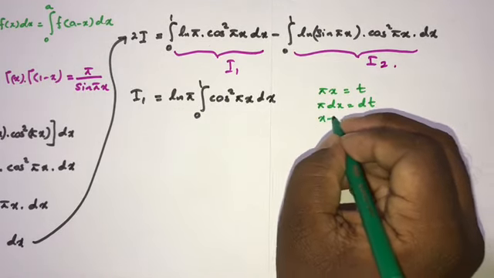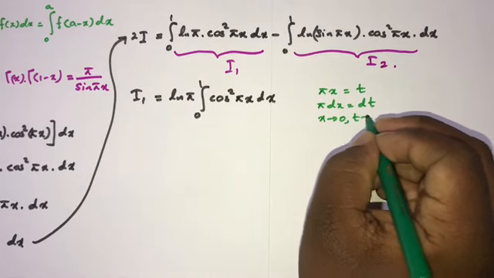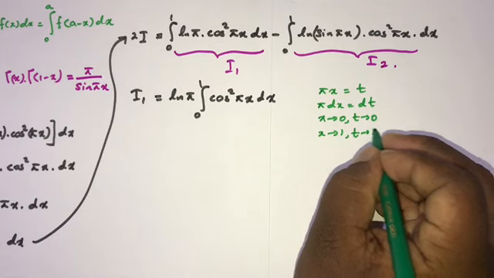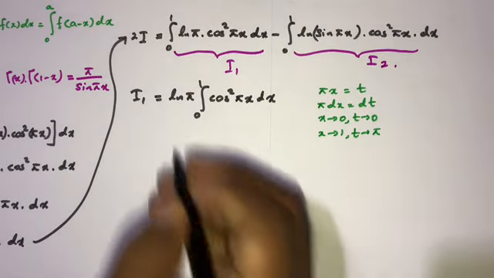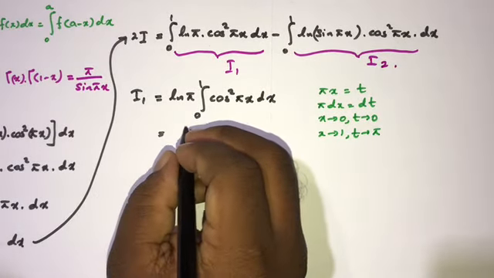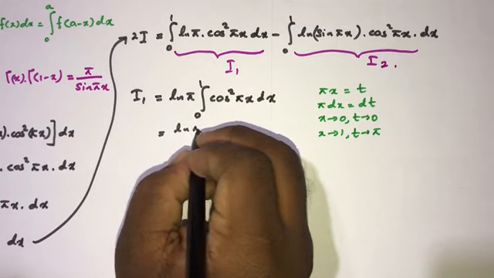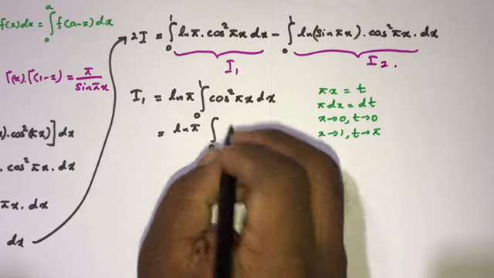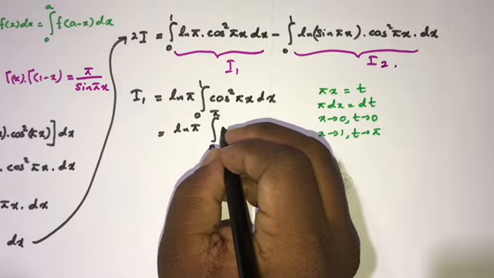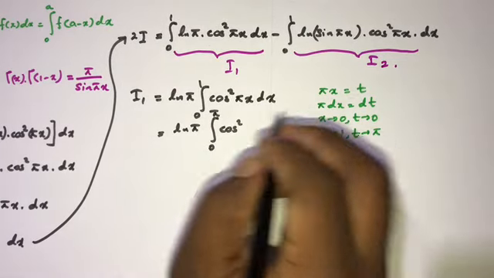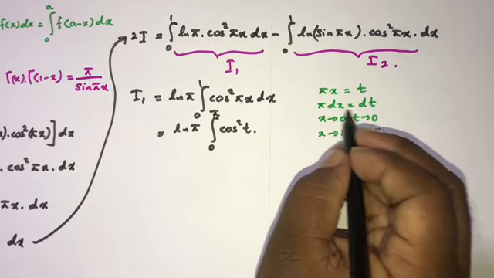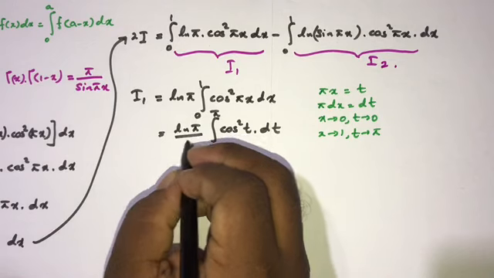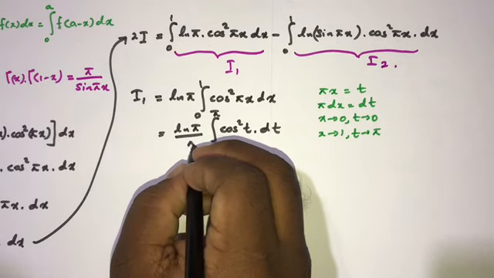When x approaches 0, t approaches 0, and when x approaches 1, t approaches pi. So now we can plug in: natural log of pi, limit 0 to pi, cosine square of t, and dx is equal to dt over pi. Pi is a constant, so we can write it outside of the integral sign.